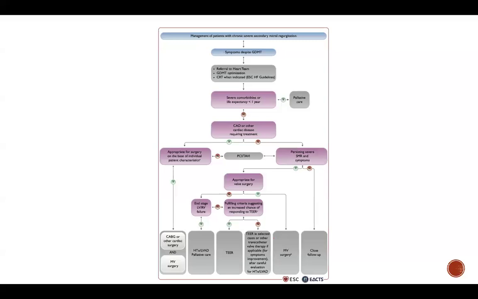If he is a candidate for that, you can proceed with mitral valve clip. But the main point here in secondary mitral regurgitation is guideline medical therapy, address coronaries, address other things, and then assess the mitral regurgitation again.